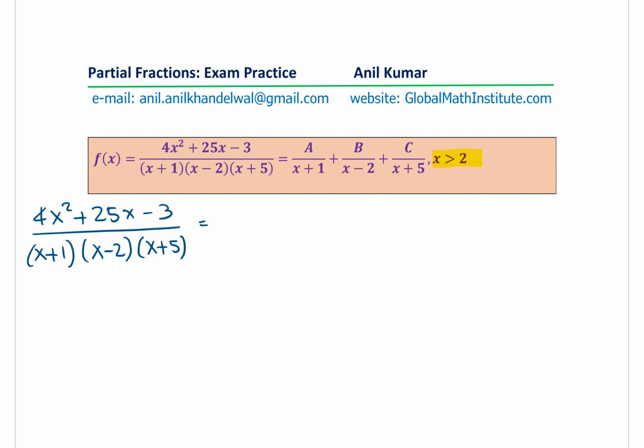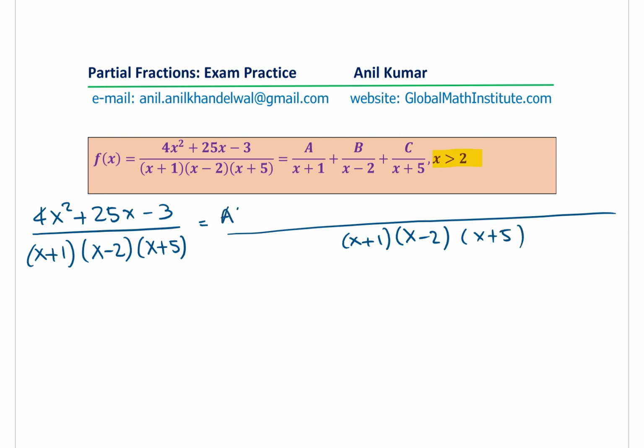And on the right side, we could take this common denominator, which will be x plus 1 times x minus 2 times x plus 5. If you do so, a gets multiplied by the factors x minus 2 and x plus 5, plus b times x plus 1 times x plus 5, plus c times x plus 1 times x minus 2.